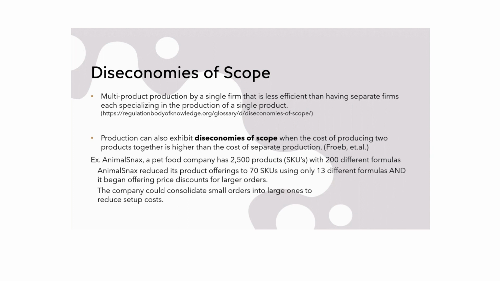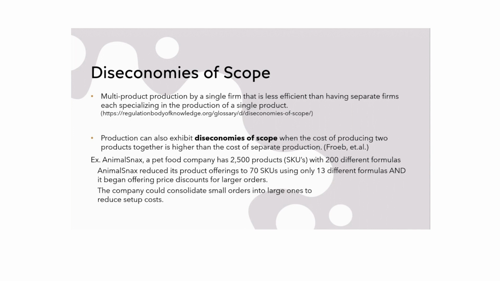Okay, so when we talk about scope, we're not talking about the bigness of order. Dito, it's the unit cost. Nakafocus ka sa unit cost of producing all of the products.